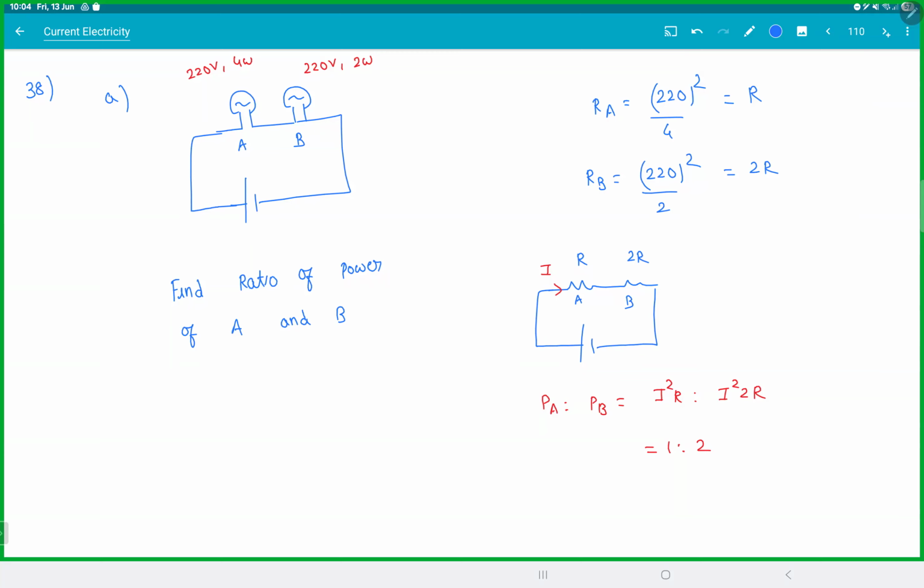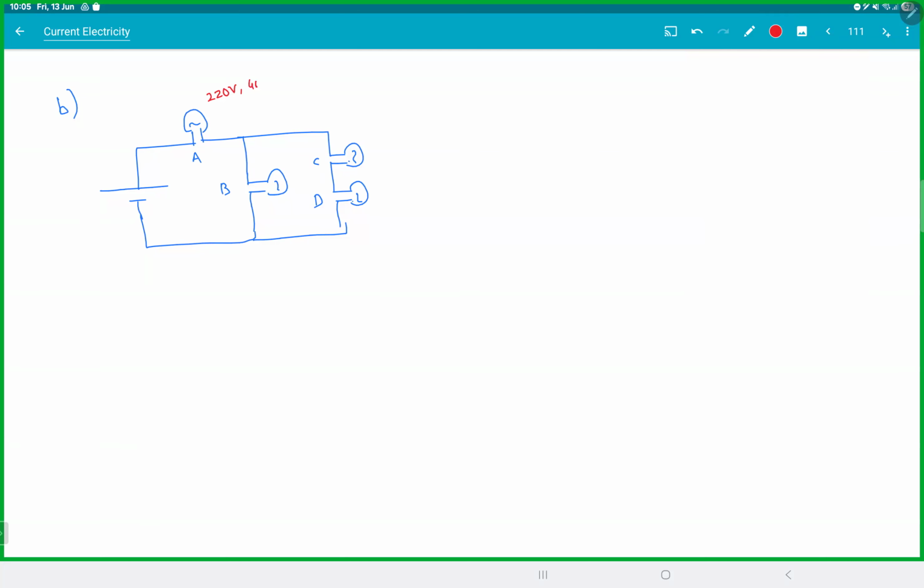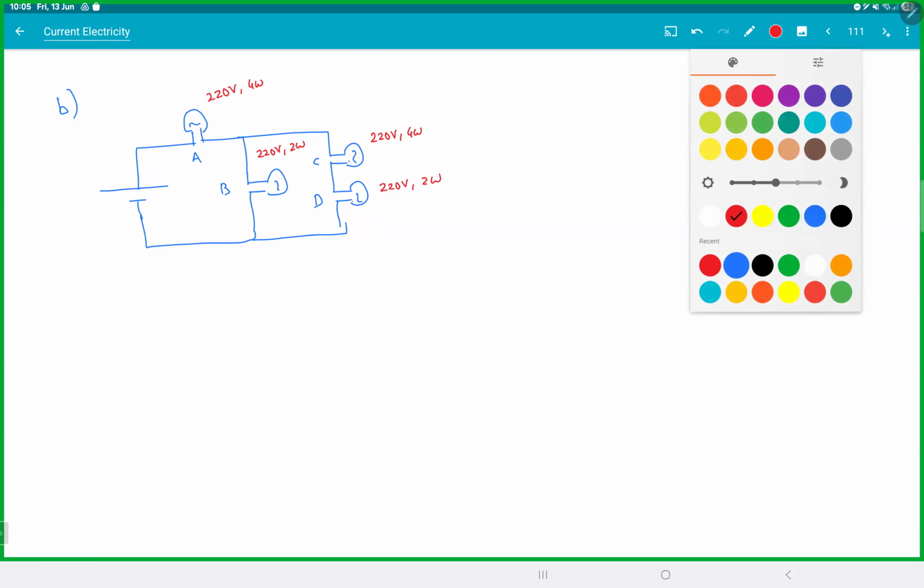Let's see a better one than this. A, B, C, and D. Let's say this is 220 volt, 4 watts; 220 volt, 2 watts; 220 volt, 4 watts; 220 volt, 2 watts. 4 bulbs.